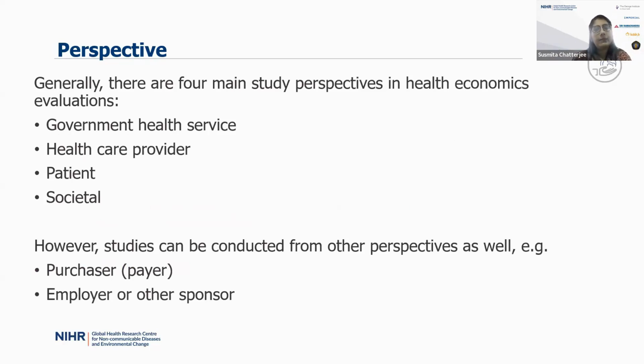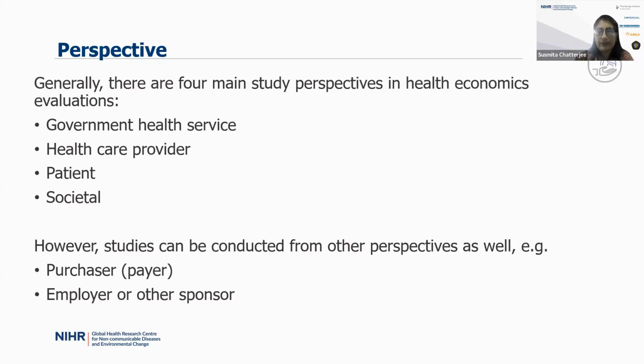So government health service, government provider, or government perspective, whatever you call it, ultimately government is a provider. Then there is the healthcare provider perspective, which can be private provider or public provider. It depends on what you are doing. Then there is a patient perspective. Then there is a societal perspective.